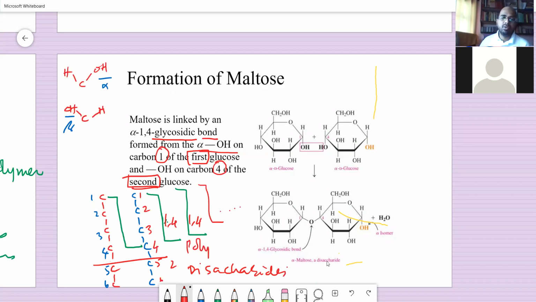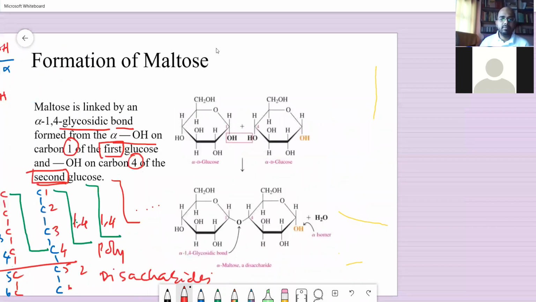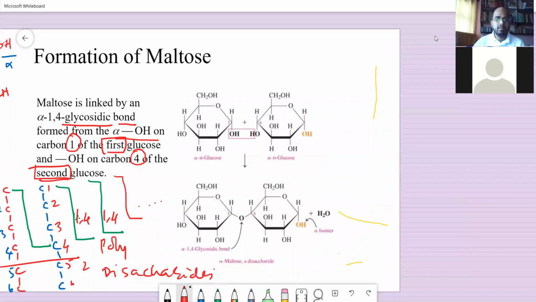Now look at what is written in this structure. Carbon atom 1 here, 2, 3, 4, 5 and 6.